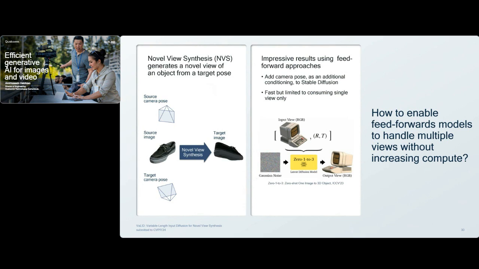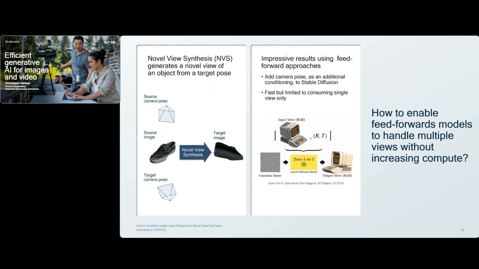And obviously this can be very fast as a feed-forward method. It can be as fast as running a 2D stable diffusion model, but currently these models are limited to consuming only one single view. The way they are designed only handles a single view, even though in many applications more and more views might be available. That would obviously improve accuracy if you could use them, but currently it's not clear how these methods can use them.